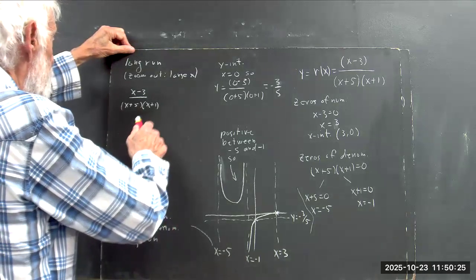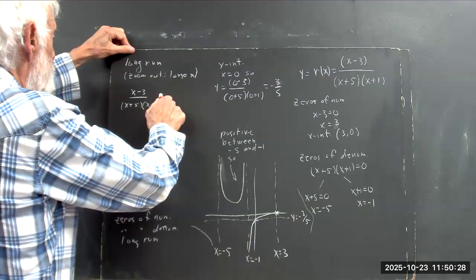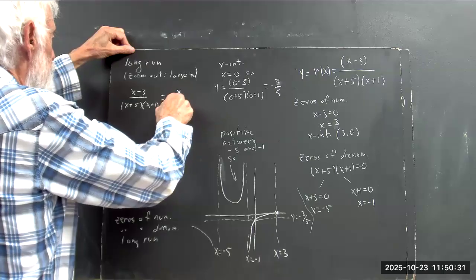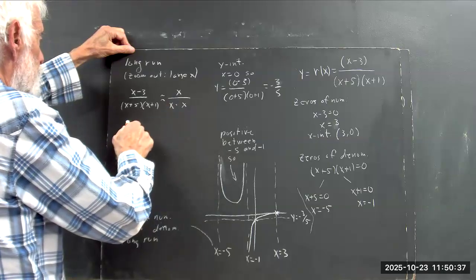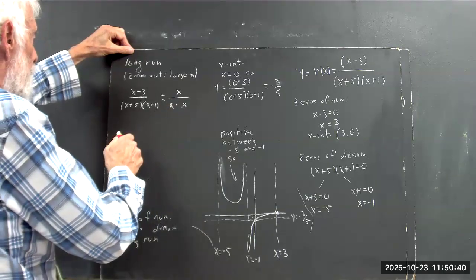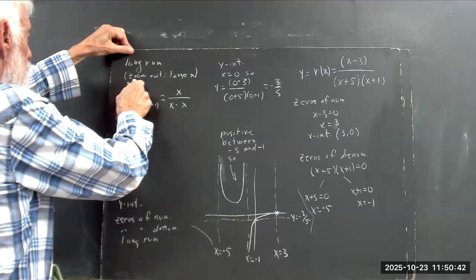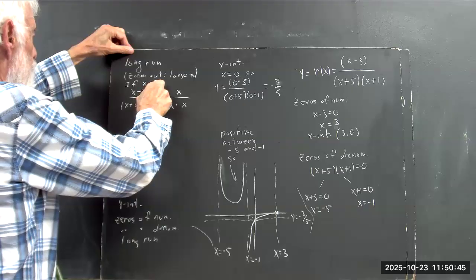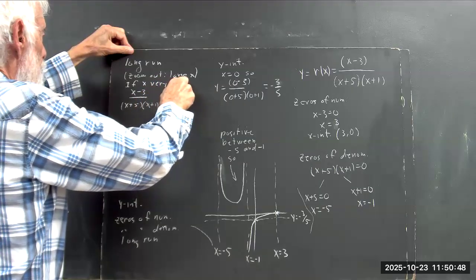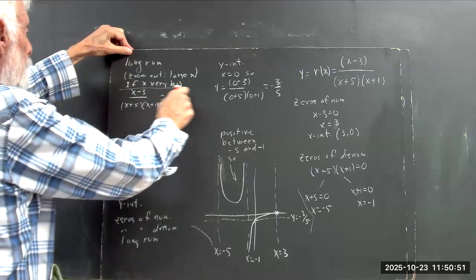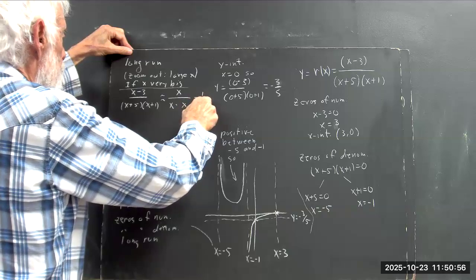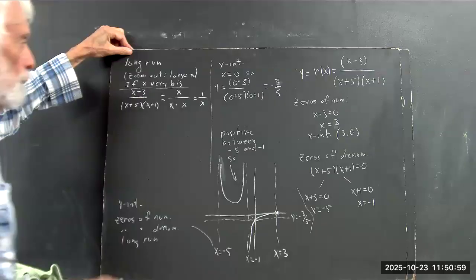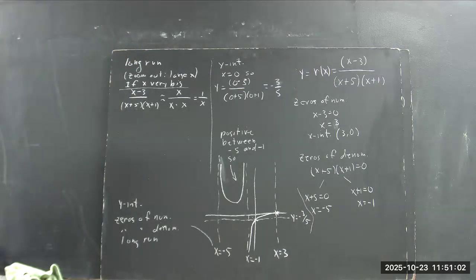So what I'm saying is this is approximately equal to x over x times x. X is very big. This is approximately equal to this, which equals 1 over x. Okay?